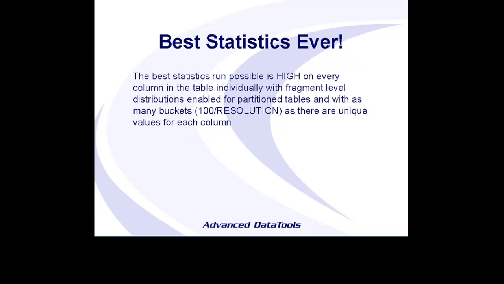In other words, you end up with one bucket for every value or something close to it, and absolutely accurate statistics, and to run them nearly every day so that they're always accurate.